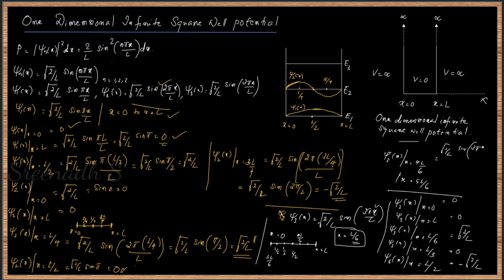L cancels out, so 4 by 6. The 3 cancels out, 2 cancels out, again pi. So that becomes equal to 0.